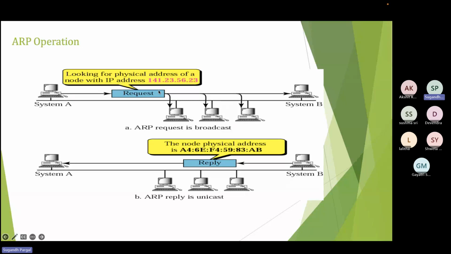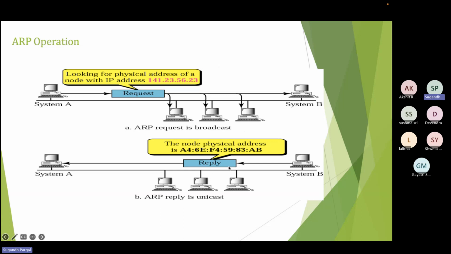So what is the operation? As I mentioned, system A is looking for the physical address of the node with IP address 141.23.56.23. So it sends an ARP request, and an ARP request is always sent as a broadcast message to all the other systems. That request is sent to all the systems in the network.